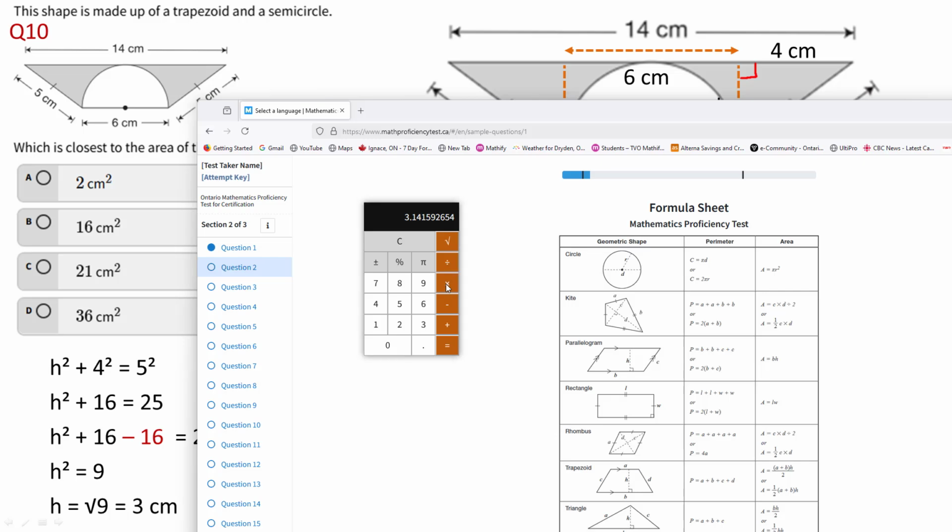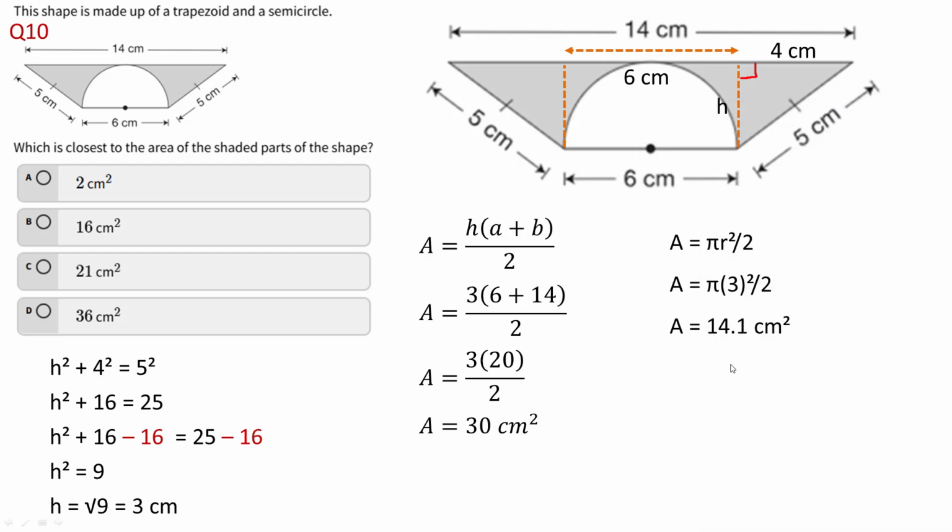Pi times 3 squared, so times 3 times 3, and then divide by 2. Okay, there's the 14.1. So 14.1 is the area of the semicircle.